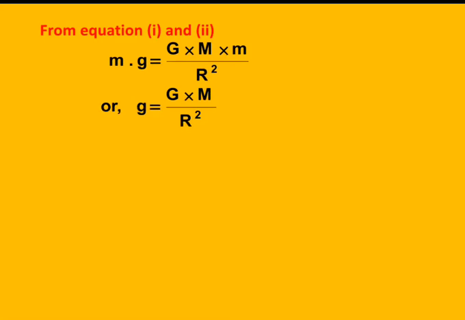From equation 1 and 2, small m into small g equals capital G into capital M into small m upon r square, or small g equals capital G into capital M upon r square. Therefore, small g is inversely proportional to the square of radius.